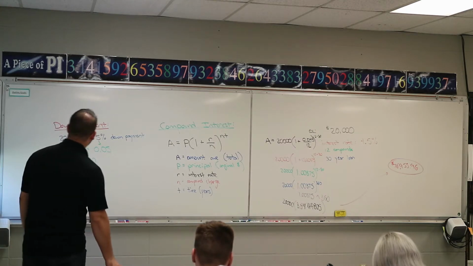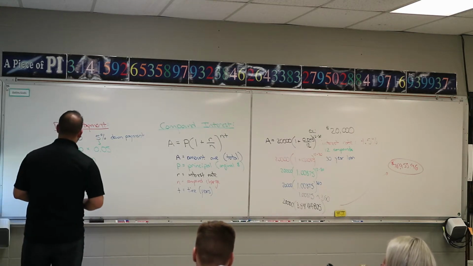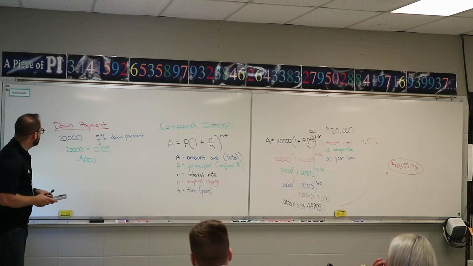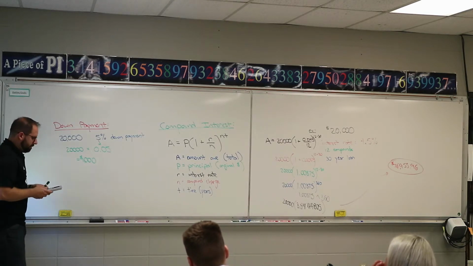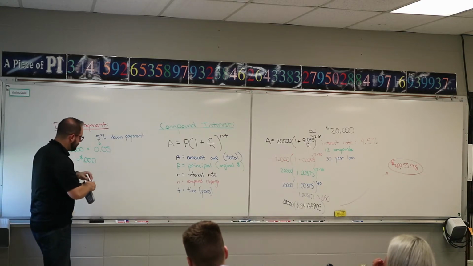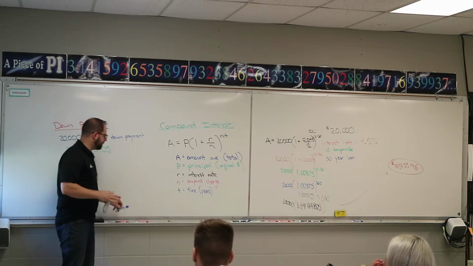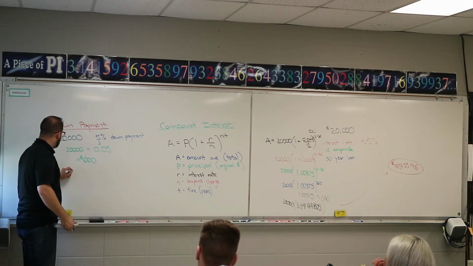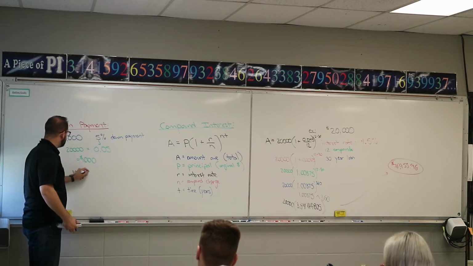Now you're thinking, okay, $1,000, that ain't bad. I mean, that's pretty small numbers. But here's the thing. That means the price of your home is now $19,000. Does that make sense?